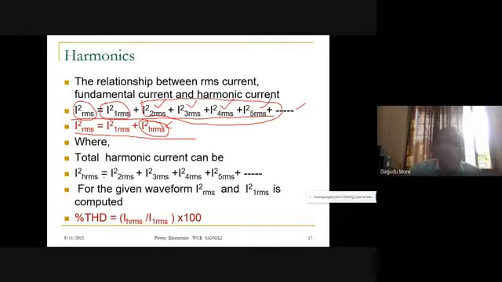The total harmonic current is obtained by adding together all the harmonics except the fundamental.